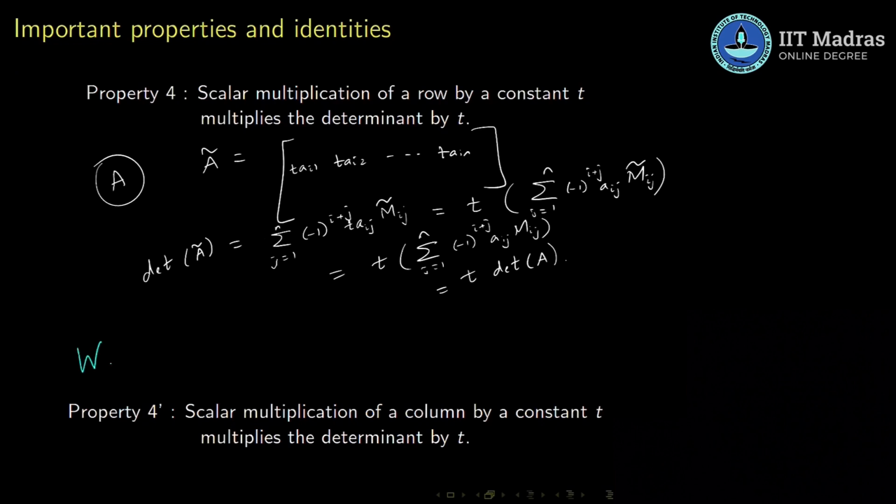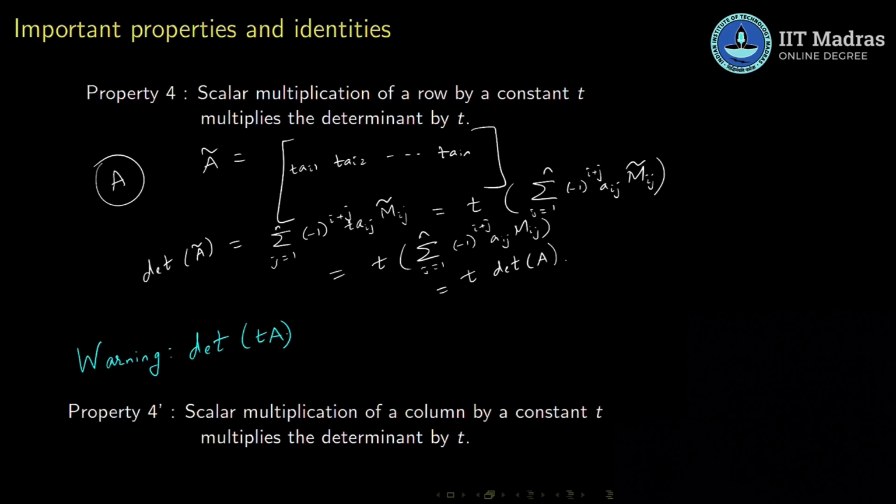So, warning. If you multiply the entire matrix by a constant, remember that we have studied scalar multiplication of matrices. That means you multiply each entry of that matrix by that scalar.